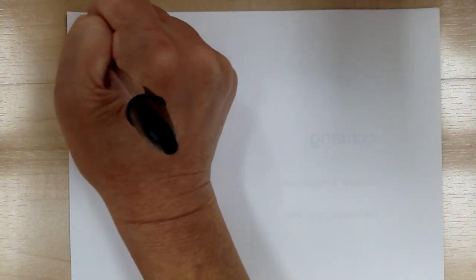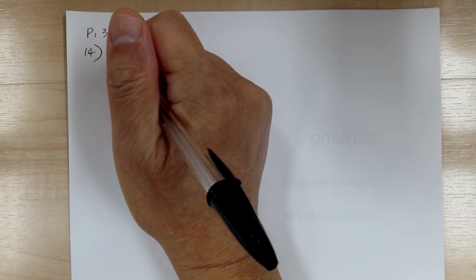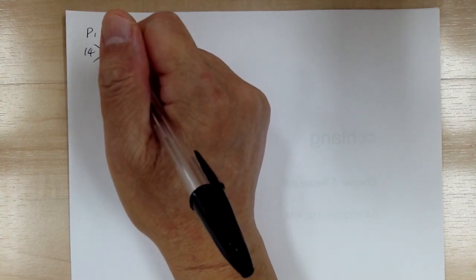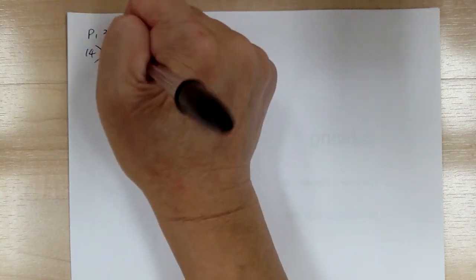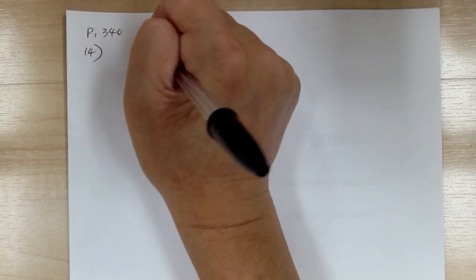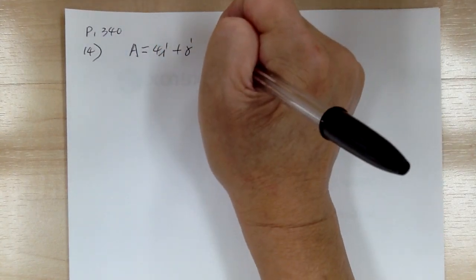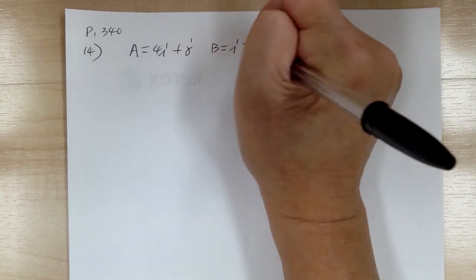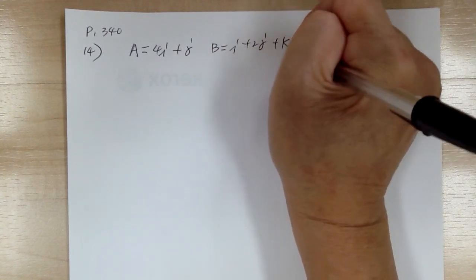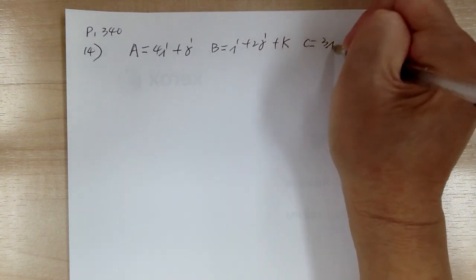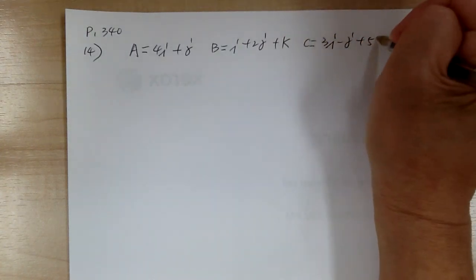Okay, let's go to number 14. Number 14 is very similar. So the tip of the vectors would be the point. You have the vector A at 4i plus j, and B is i plus 2j plus k, and C equal to 3i minus j plus 5k.